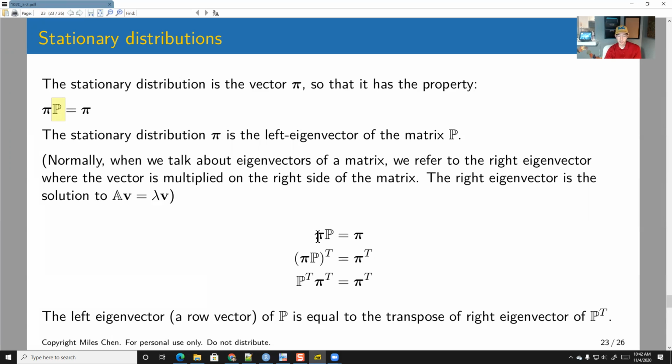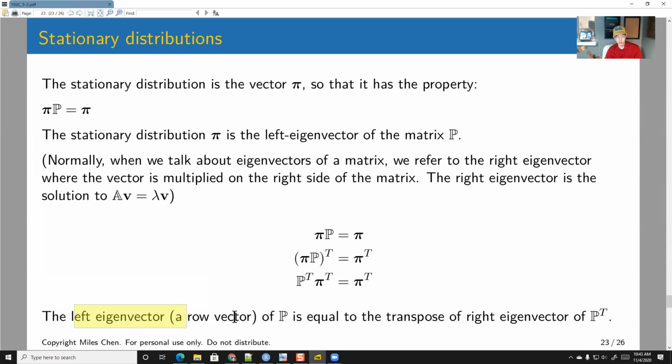So with a little bit of linear algebra, you do pi times P, and if you take the transpose of this, then you get the matrix transpose times pi transpose. And so you find the left eigenvector, which is a row vector, whereas over here this is a column vector.